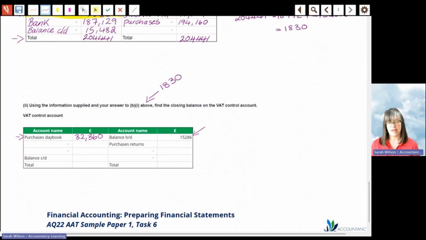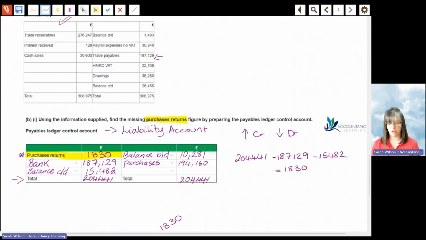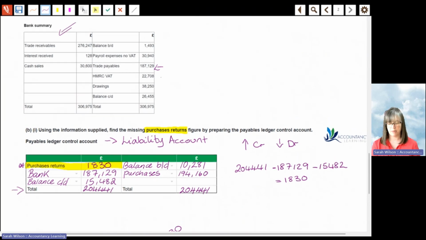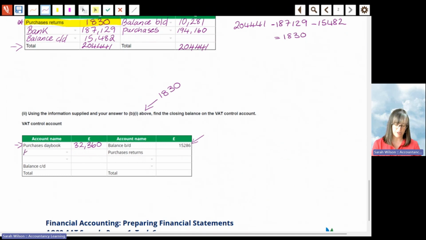We're also going to have to think about any payments that have been made. So let's have a look at our bank statement here, or our bank summary. We've got £22,708 has been paid to HMRC. So that's going to reduce our balance there.